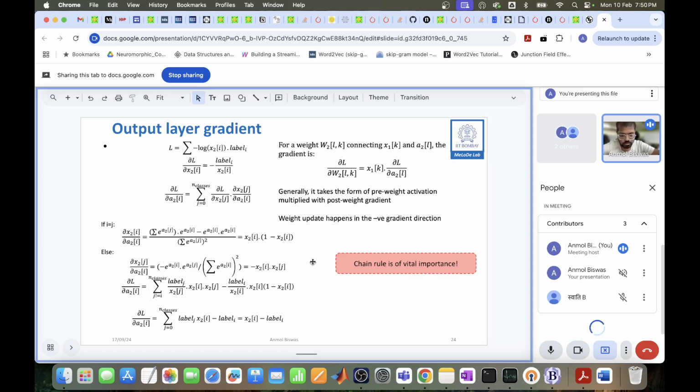And then you basically divide it. So this i equals j case is basically the pre-activation impacting the post-activation of the same neuron, the same element, and i not equal to j is basically the pre-activation of some neuron impacting the post-activation of some other neuron, right? When you take the gradient of them, you get slightly different results because one of these terms will become 0 for i not equal to j, and that's how you get this versus this.